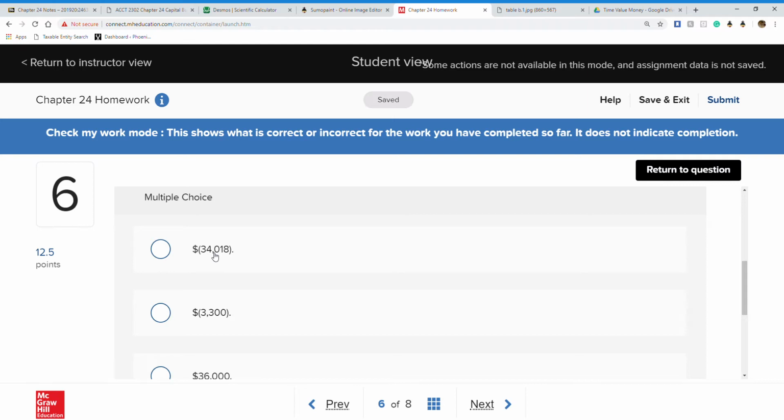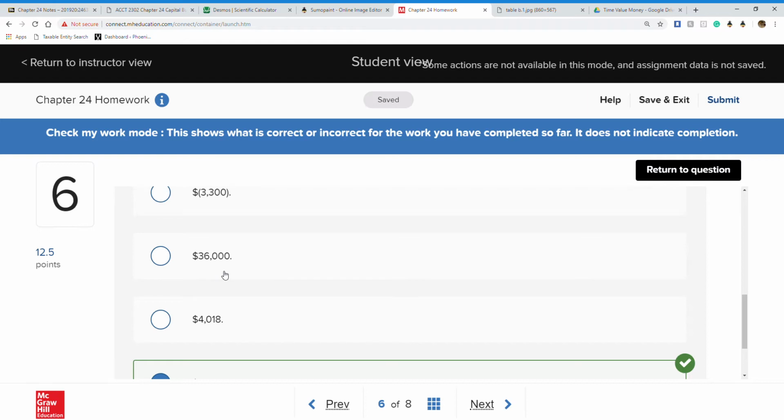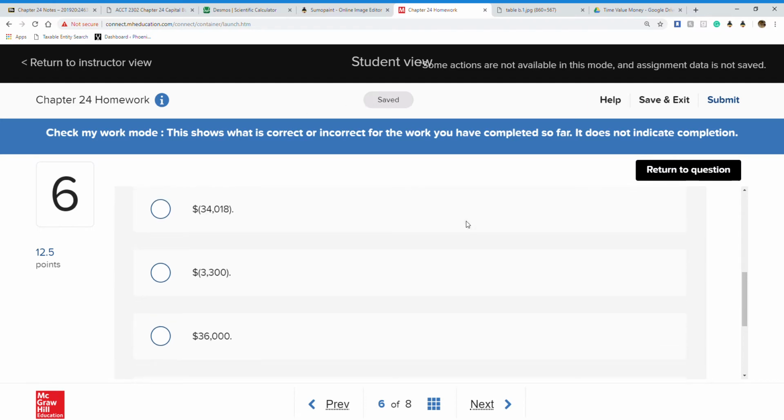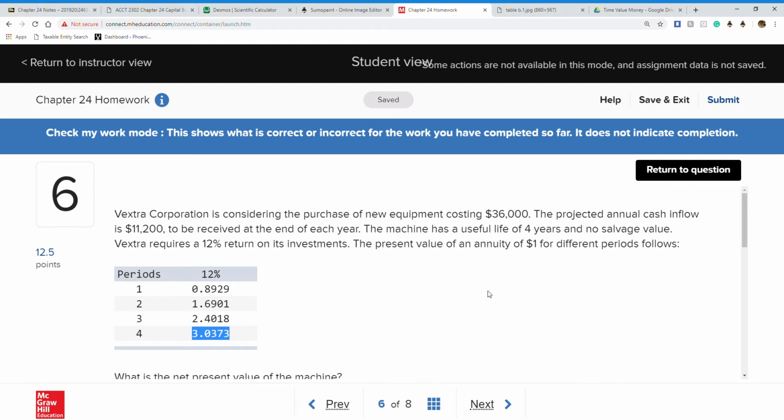That should be a red flag that that's not going to be the correct answer. And then here's the 36,000, the actual cost of the machine. Again, not going to be correct. So then it's just asking if you did it correctly, did the right percentage. Not too bad.